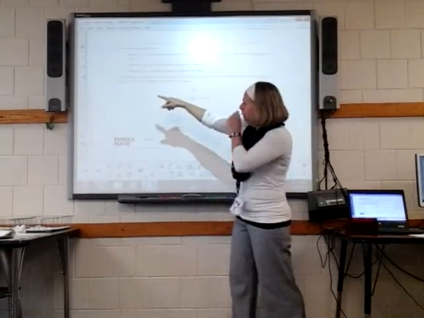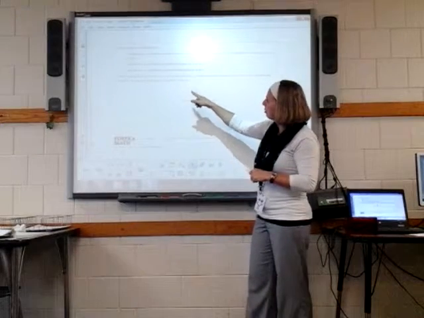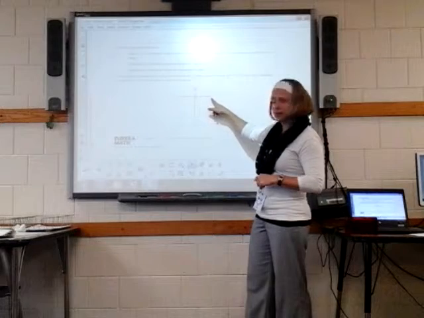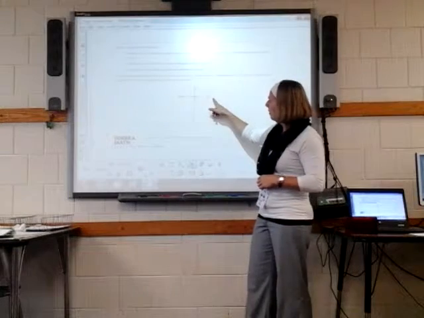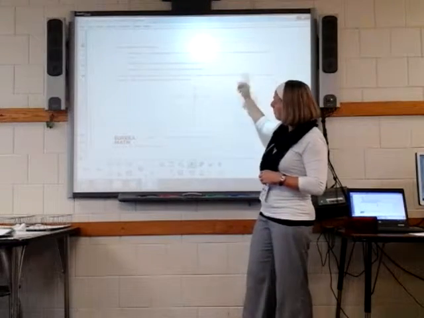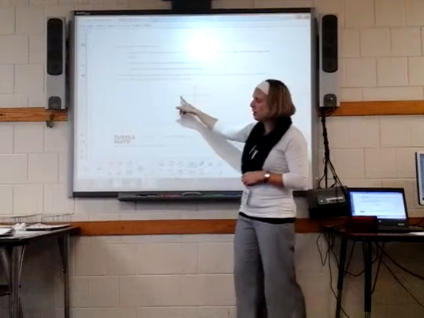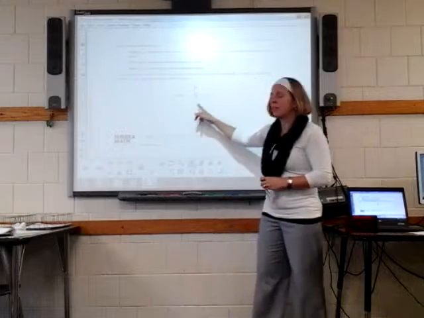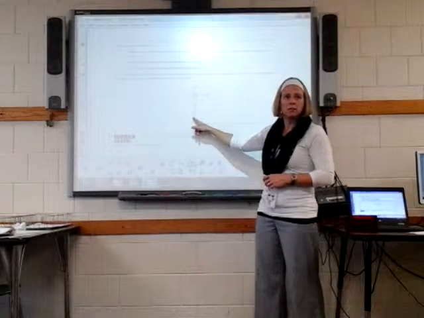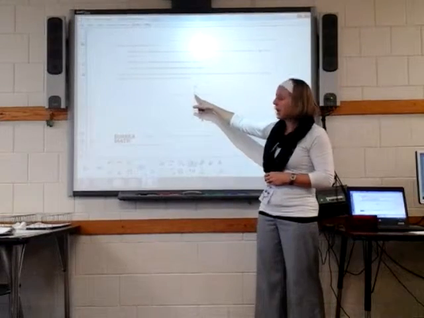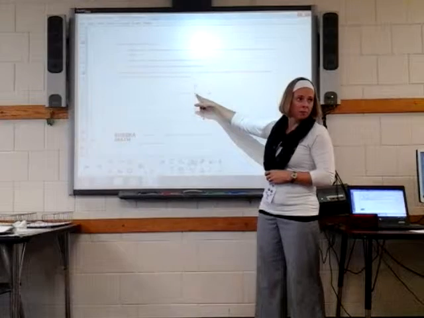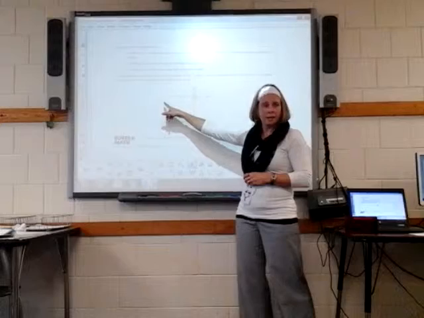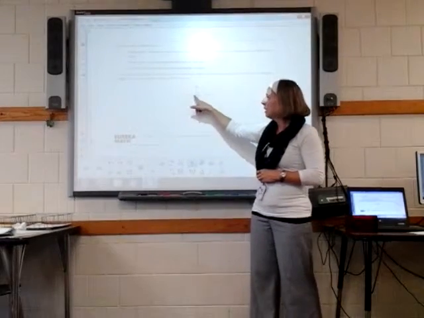Here's the other main idea, okay? If a reflection is across a line L and point P is not on line L, then L bisects the segment P and P prime. What that's telling me is that the line of reflection happens at a 90-degree angle between the original and its reflected image.